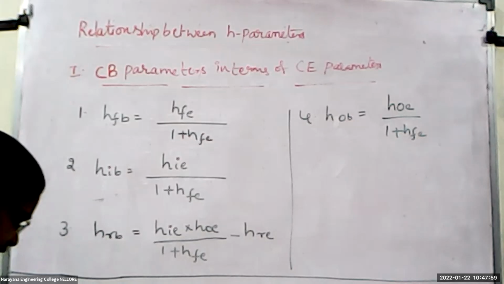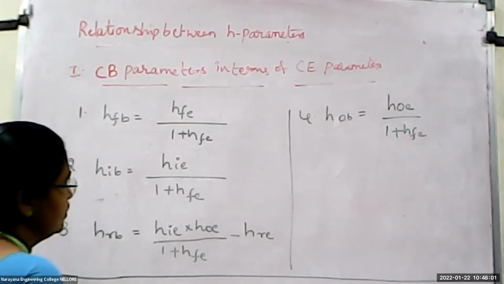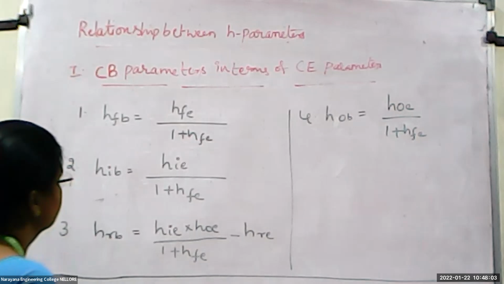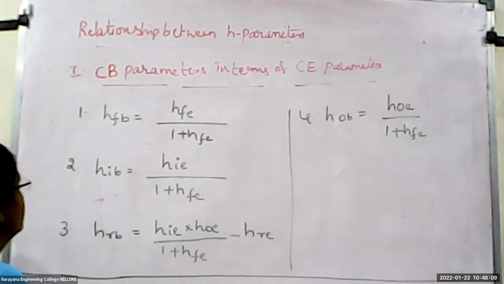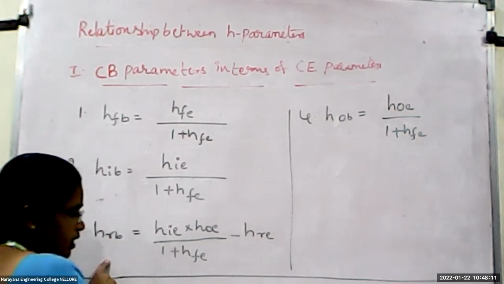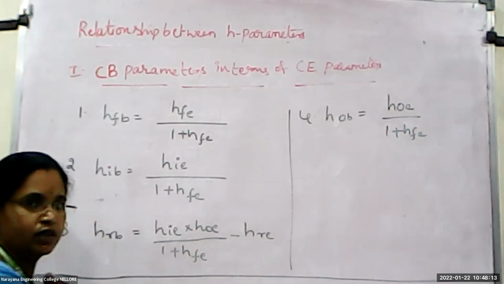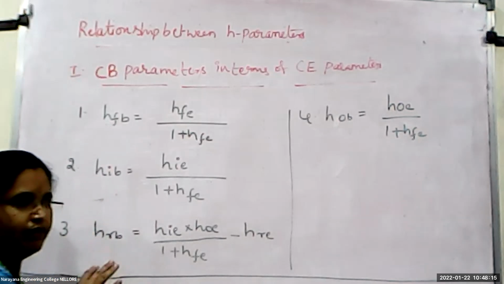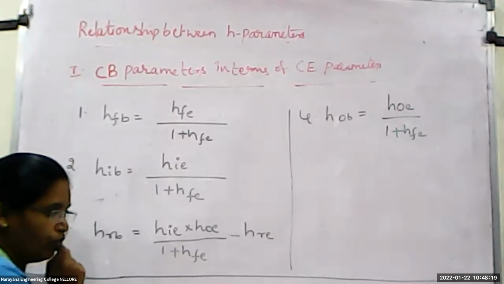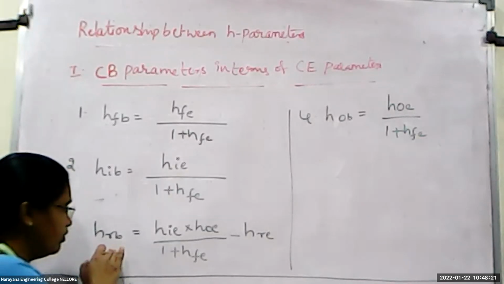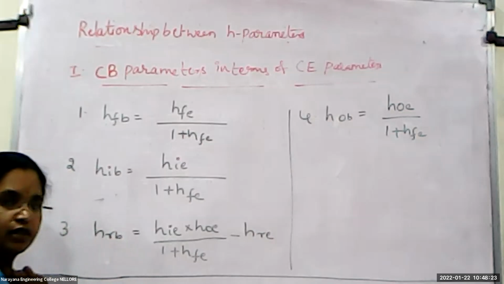Note down all the parameters. All these formulas are required in the problems. They won't ask derivations. If a CB configuration transistor is given, for that we have to use these formulas.